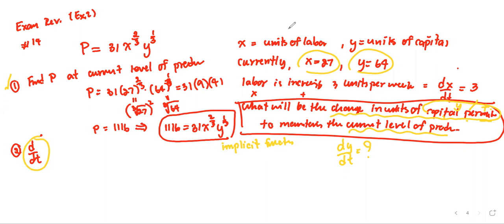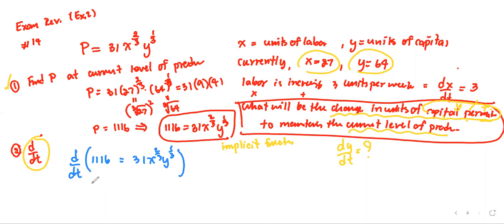So we're going to find d/dt of 1116 equals 31 x to the power 2/3 y to the power 1/3. We're going to do it term by term, left and right.